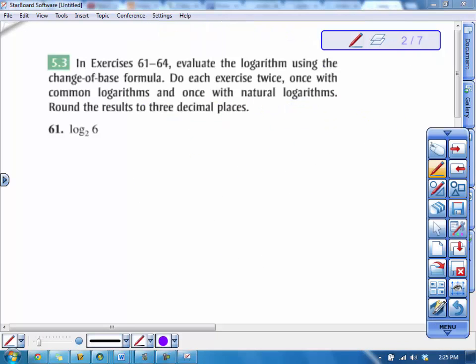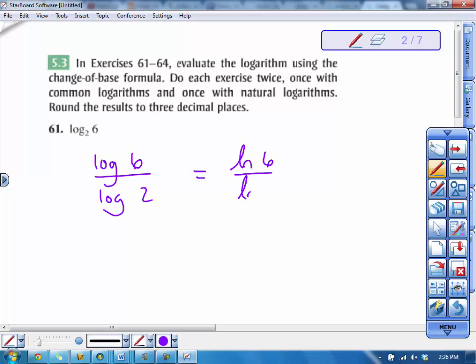In chapter 5, this one wants us to evaluate the logarithm using change of base. One's with common logs, one's with natural logs. So they'll be the same answer, but with common logs it'd be base 10. So you do log of 6 over log of 2. Both of these are base 10. And then that'll be equal to the same thing if you use natural log. It doesn't matter what base you use.